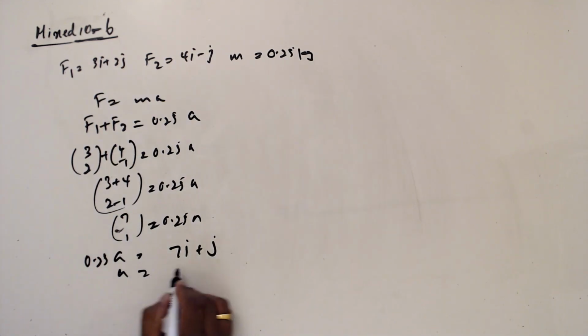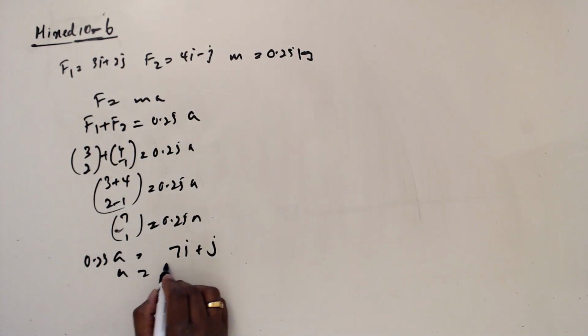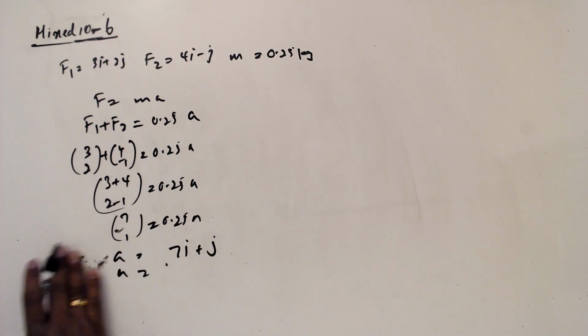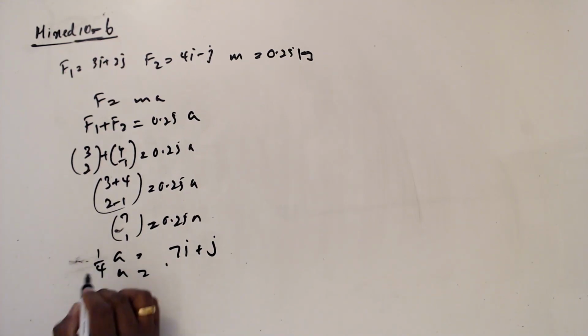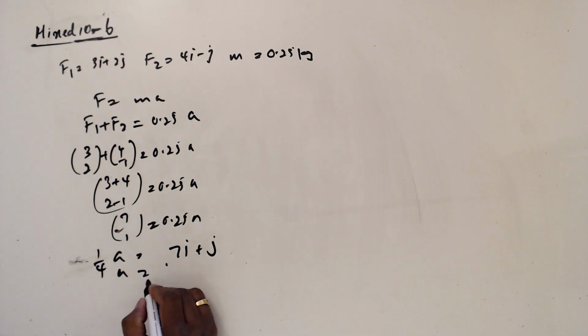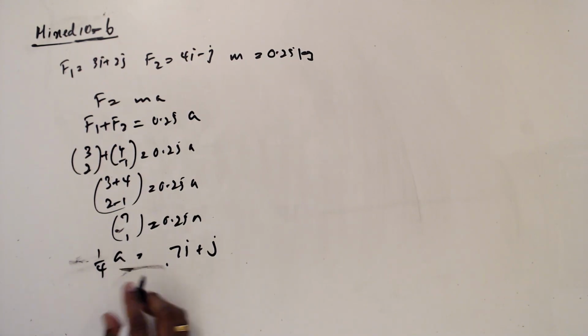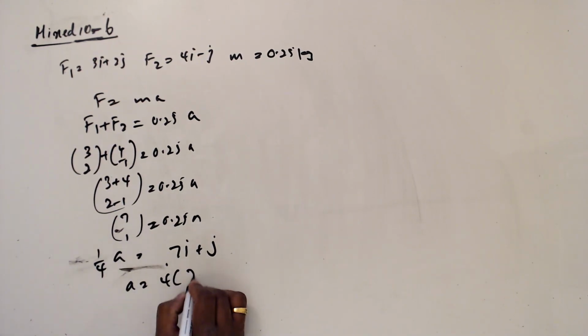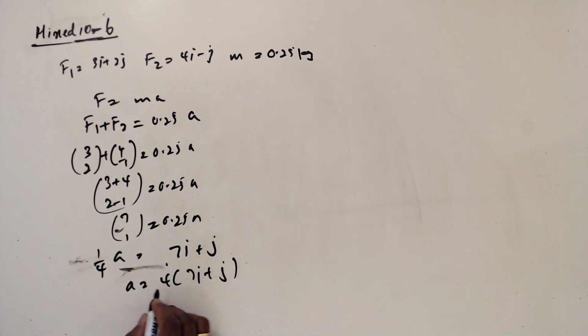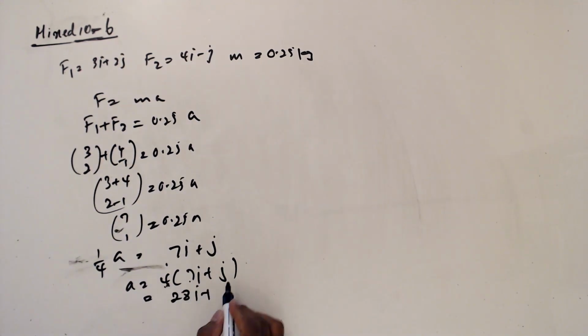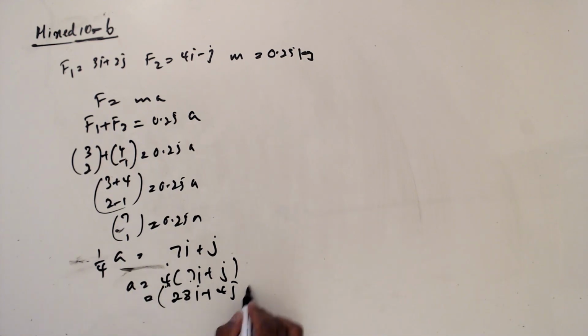a equals 1 over 0.25, which means 1 over 4. It means a is 4 times 7i plus j. So we can multiply a vector by a scalar, so there is no problem. 4 times 7, 28i plus 4j m/s minus 2.